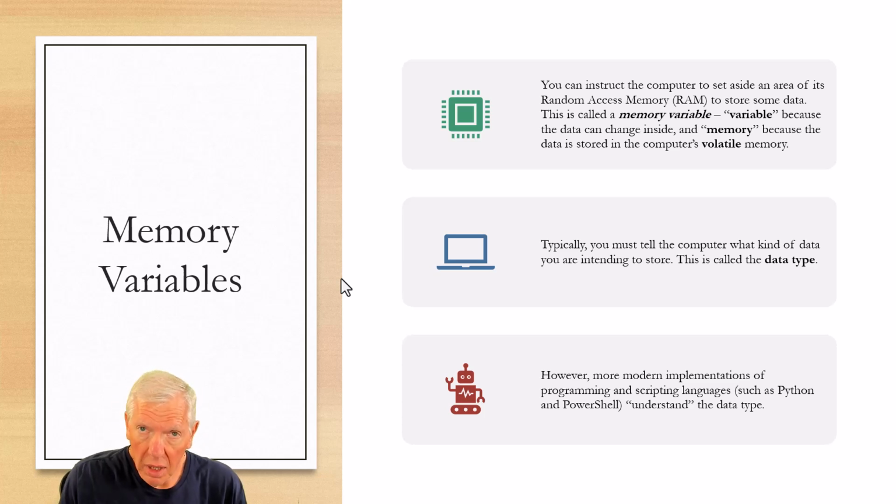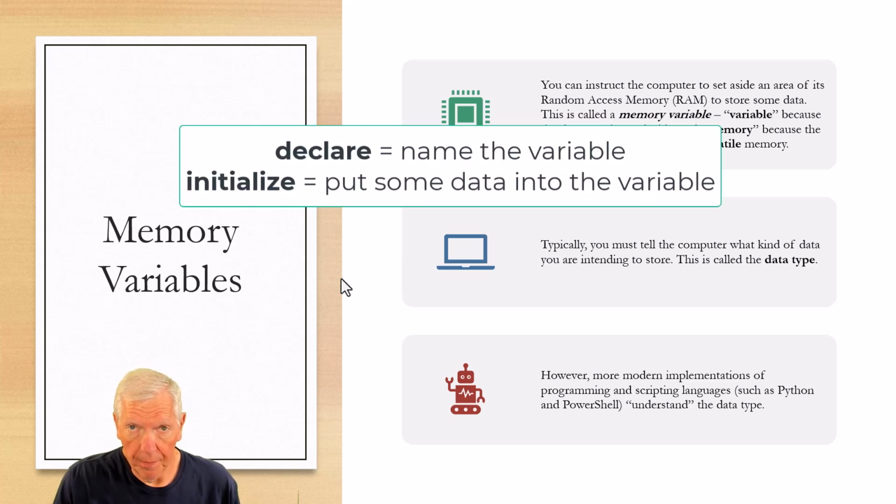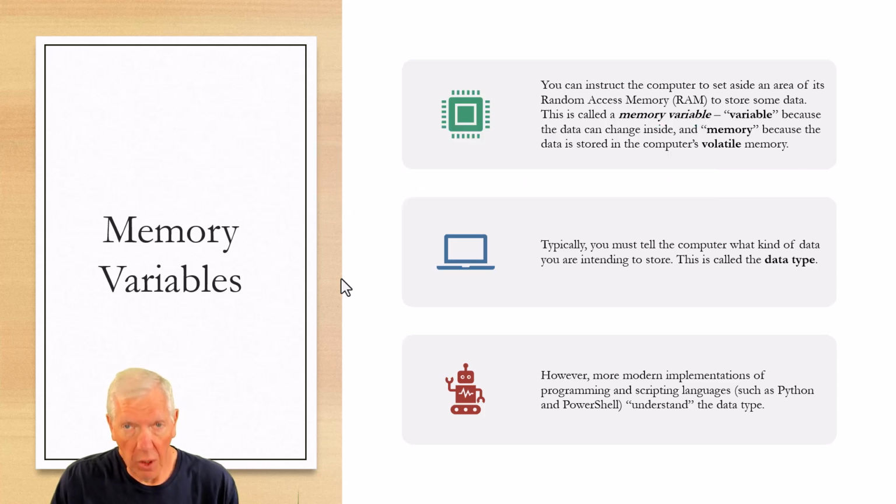Now, when you're declaring a memory variable, there's two parts. There's the declare part, which means I'm telling the computer the name of the variable. And then there is the initialization part, which is saying, okay, this variable is going to contain this piece of data. So I really like getting in the habit of declaring and initializing memory variables, but as you're reading coding books, you'll find that some people declare a variable and then use it way later on down in their code.